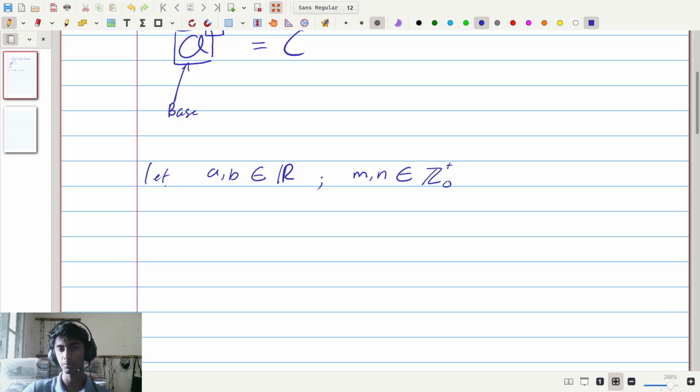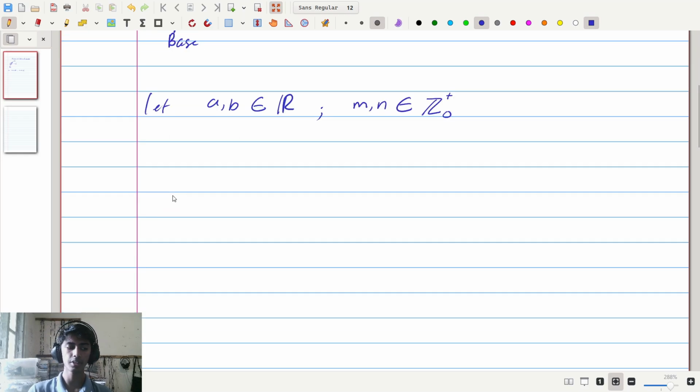We're going to allow 0. So let's try to figure out what we mean when we talk about indexes. Consider a to the m and also a to the n.